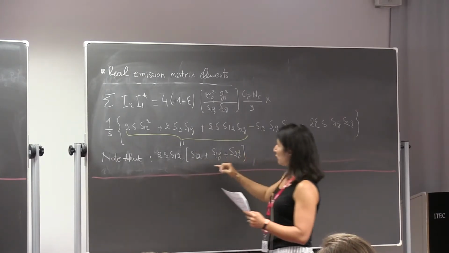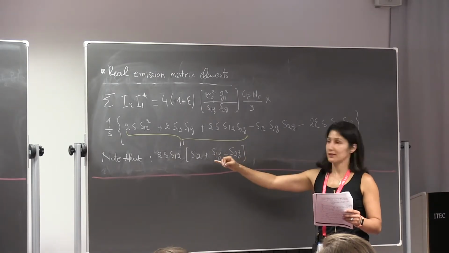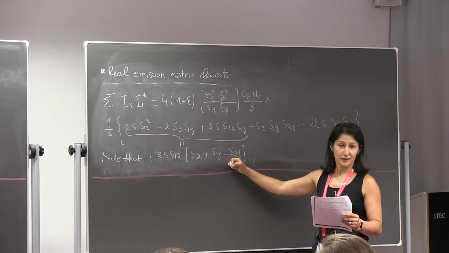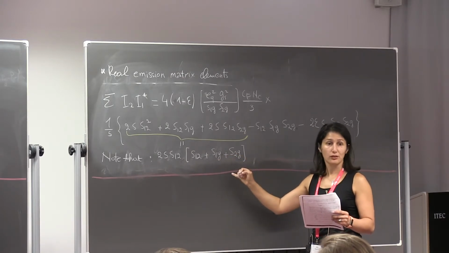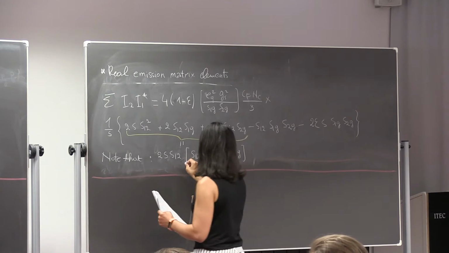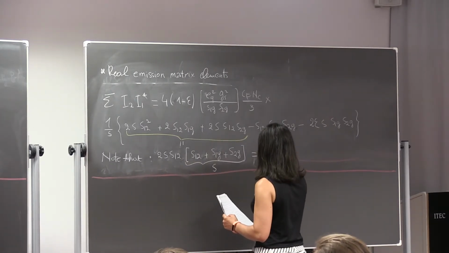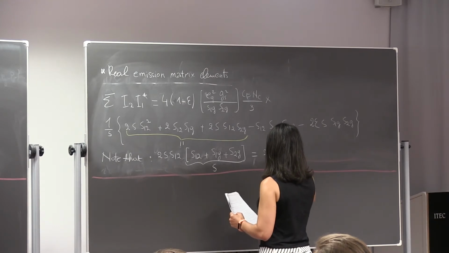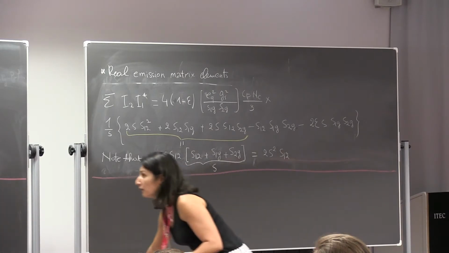And what is this thing here between square brackets? This is s12 plus s1g plus s2g, that's exactly your center of mass energy squared, so this is exactly s, and therefore this is 2s squared times s12. So this long expression does get simplified a bit.